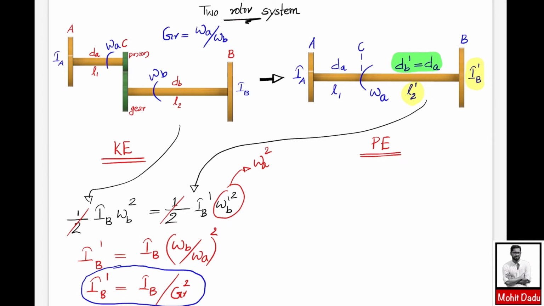Then you will be equating the potential energy or the strain energy of this part in the geared system to the second part in the equivalent 2 rotor system. Potential energy or strain energy in springs has the form of half kx square, where k is the stiffness and x is the displacement. But here you have the rotating system or rotor system, where k will be replaced by q, which is the torsional stiffness, and x will be replaced by the angular displacement theta.